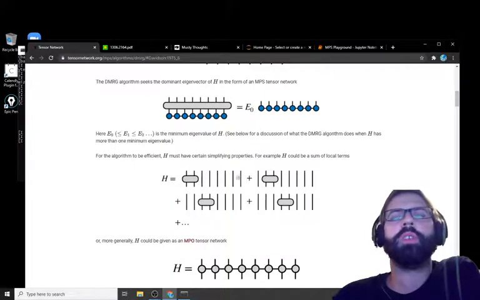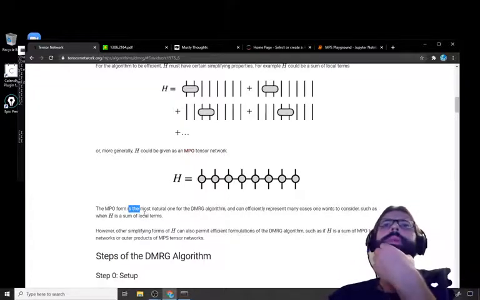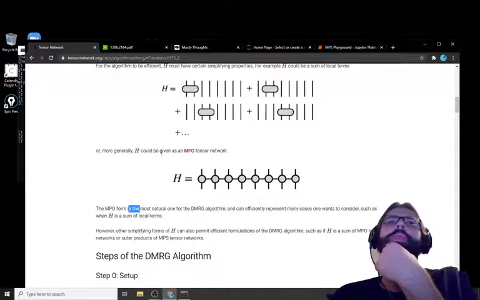If your Hamiltonian is just a sum of tensor products, basically a sum of smaller tensors, then yeah, it's an MPO tensor network. And here the MPO is an actual matrix product operator.